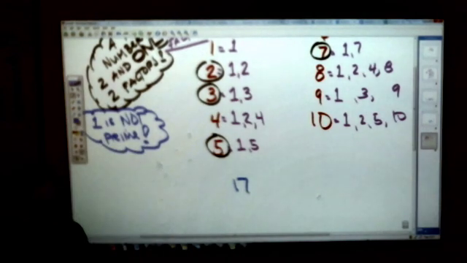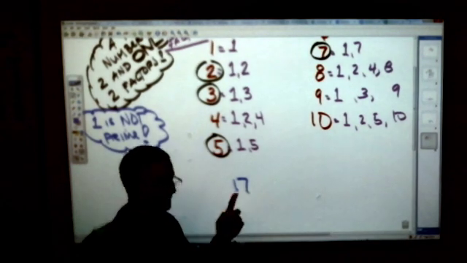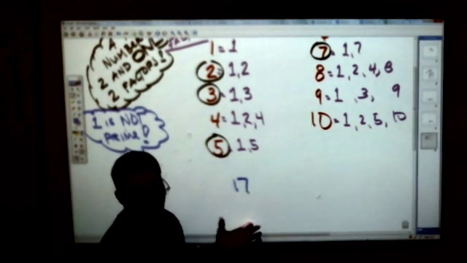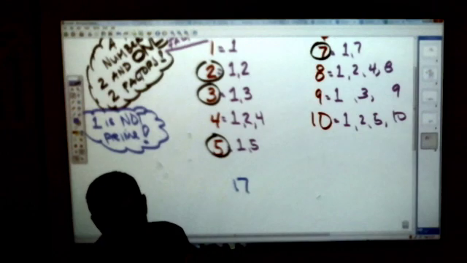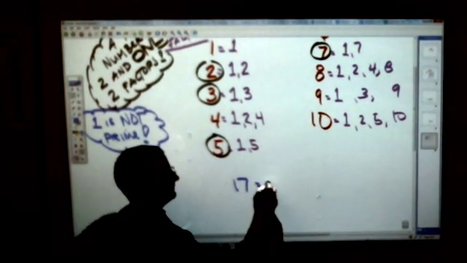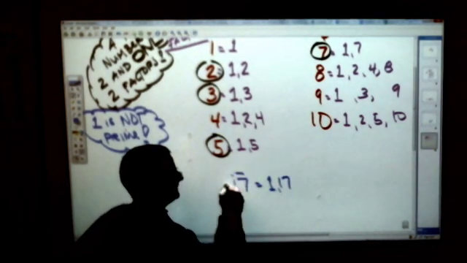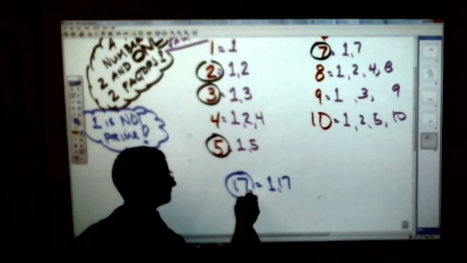And if I ask you, is 17 prime? You have to think about, and this goes back to how well you know your multiplication tables, is there any number besides 1 and 17 that you could divide 17 by and get an even number? Can you cut 17 into any other kind of groups? No. The only factors of 17 are 1 and 17. So 17 is a prime number.